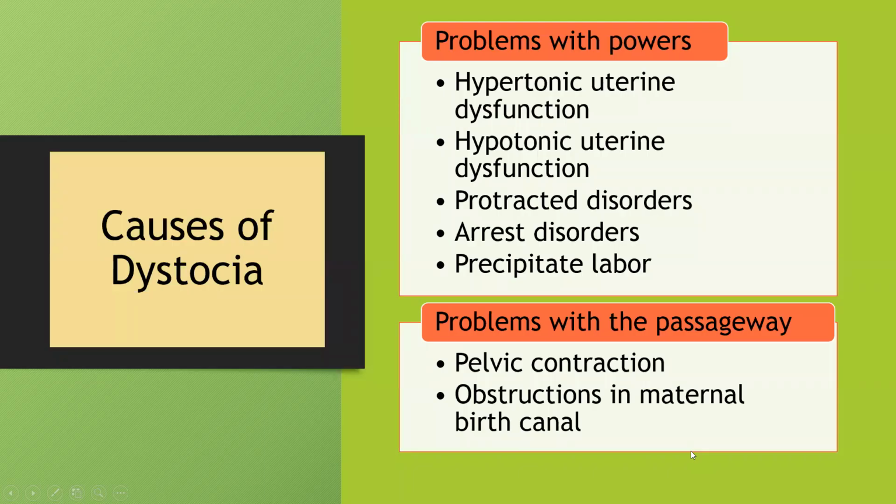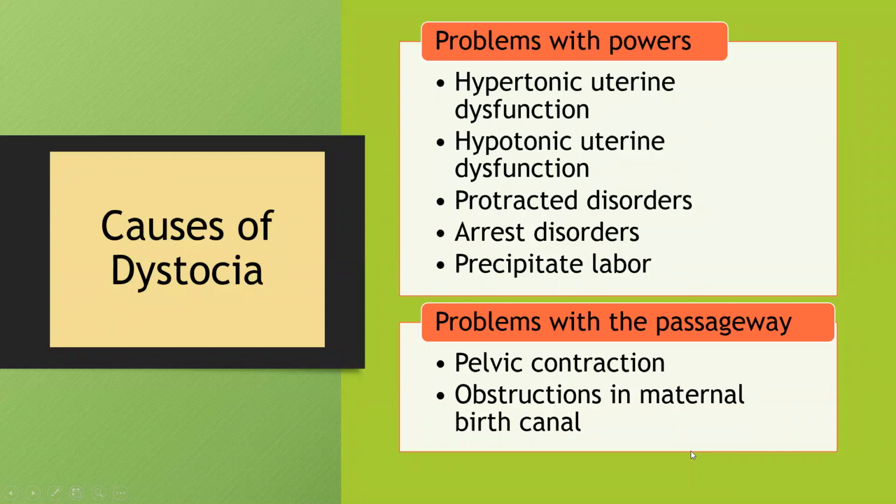And so other issues, causes of dystocia, again, remember it's difficult labor or birth, is a hypertonic uterus that causes dysfunction, a hypotonic uterus, so not enough contractions or contractions that are too strong. And sometimes people, in a desperate attempt to try to help themselves go into labor, will take herbs or even do things such as castor oil.